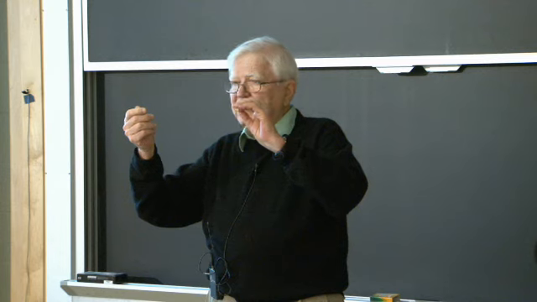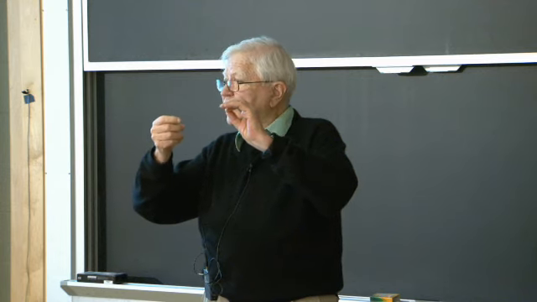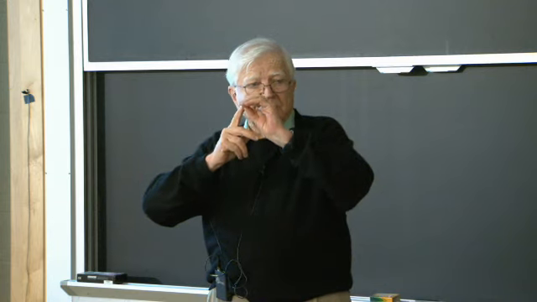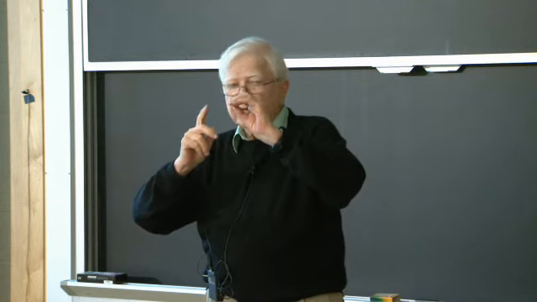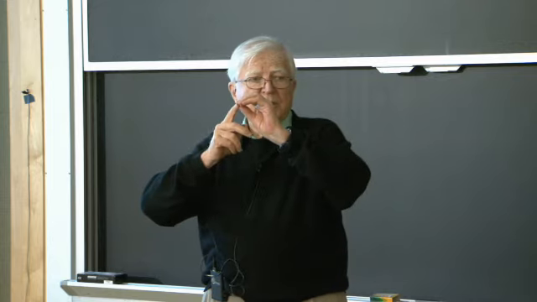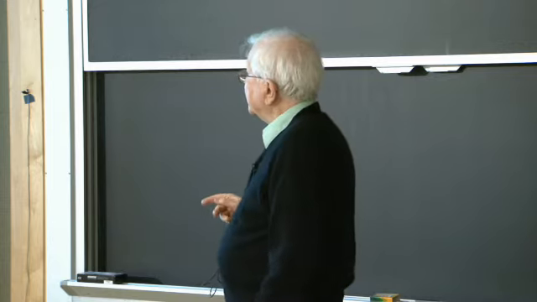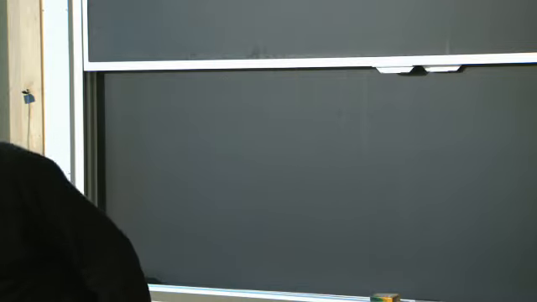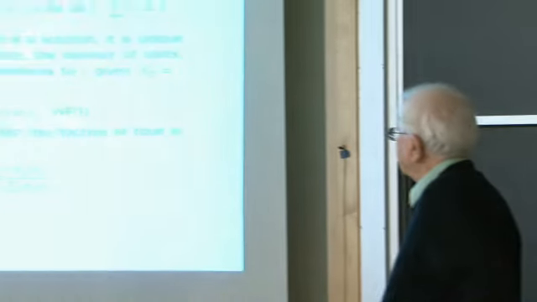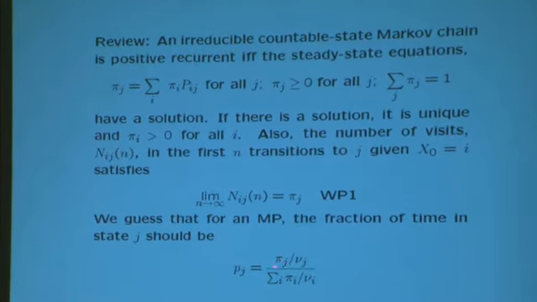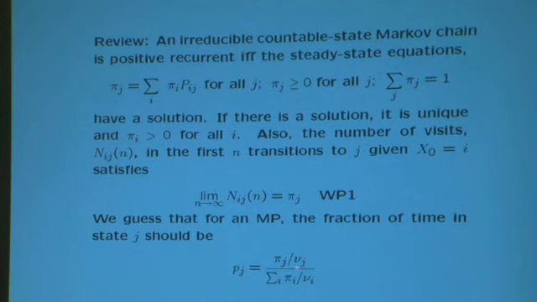The holding time in state i is proportional to 1 over nu sub i. The rate of the next transition is nu sub i, so the expected holding time is going to be 1 over nu sub i, which says that the fraction of time that we're actually in state i should be proportional to the number of times we go into state j times the expected holding time in state j.